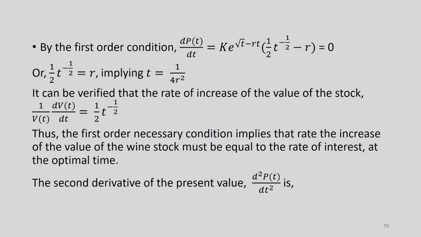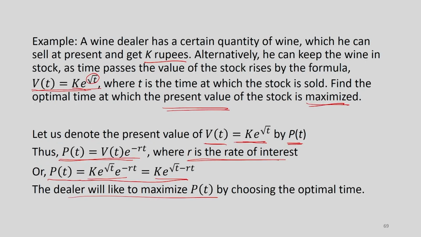Now, how do we solve it, the usual method? We first use the first order condition. So, I take the derivative of Pt with respect to time, and this is what I shall get, because Pt is equal to this.